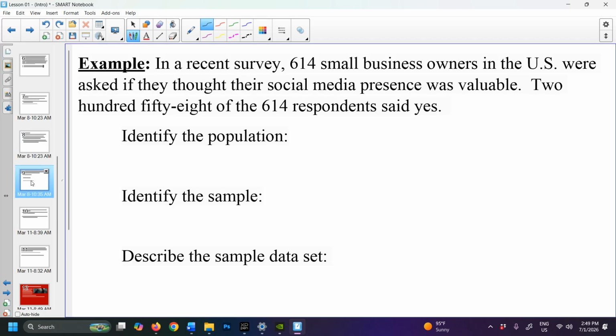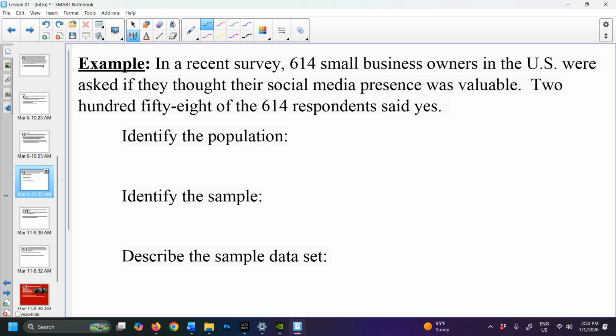Okay, some examples. In a recent survey, 614 small business owners in the U.S. were asked if they thought their social media presence was valuable. 258 of the 614 respondents said yes. Identify the population.